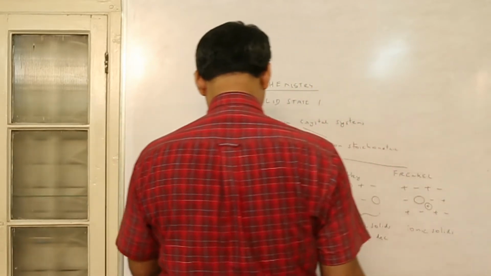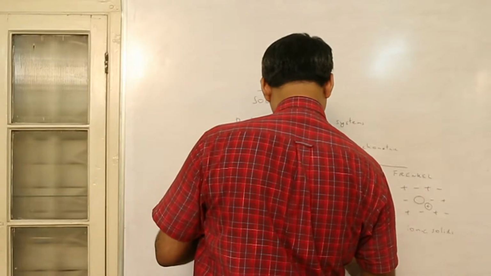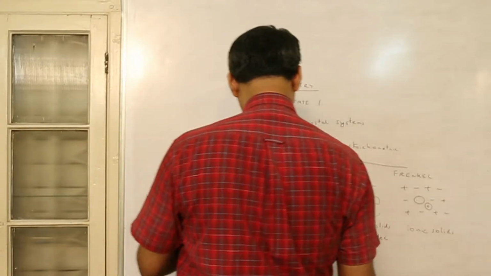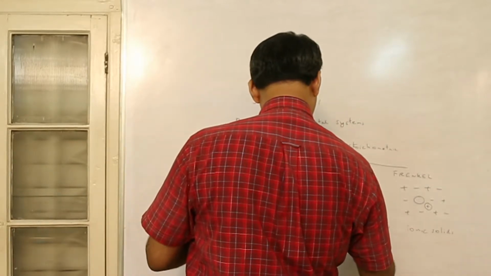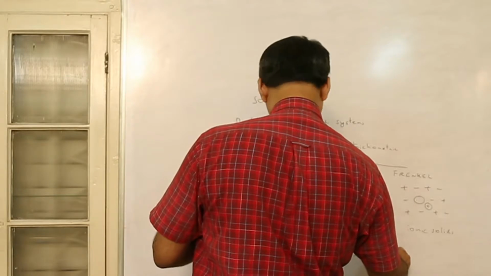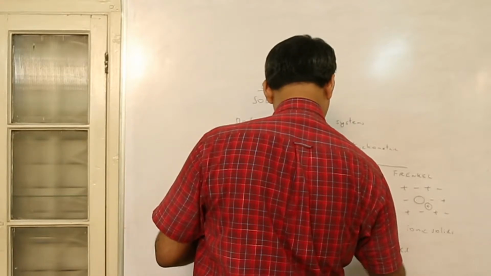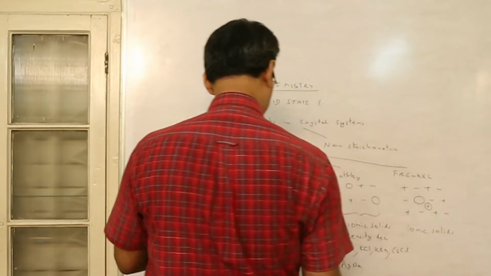So the Schottky defect is usually found in those in which the cation and anion are of similar size, like NaCl, KCl, KBr, CsCl and AgBr.